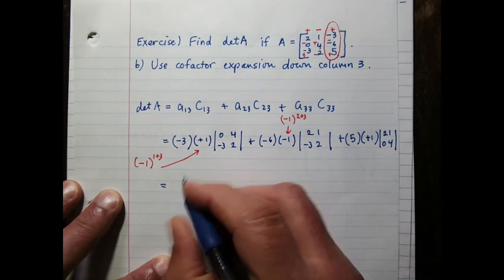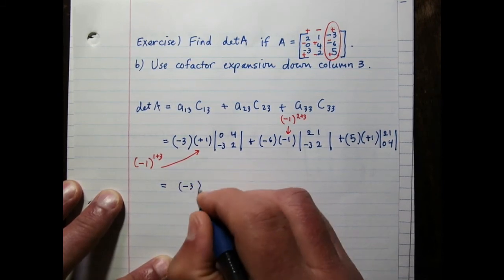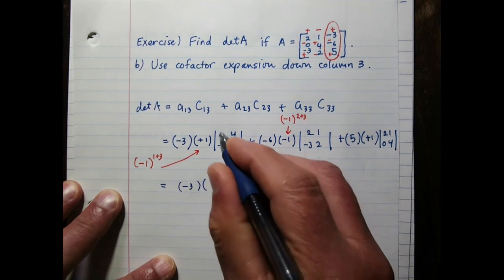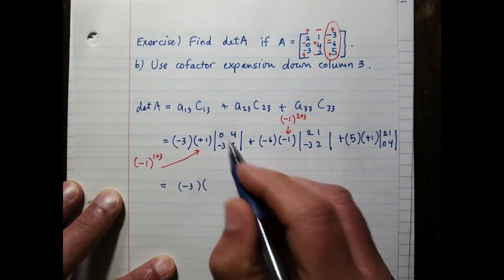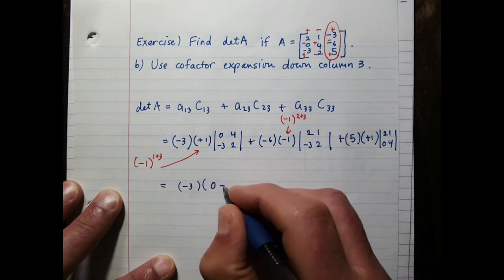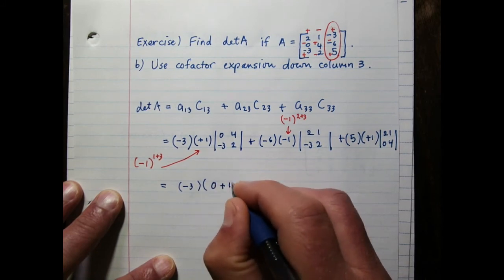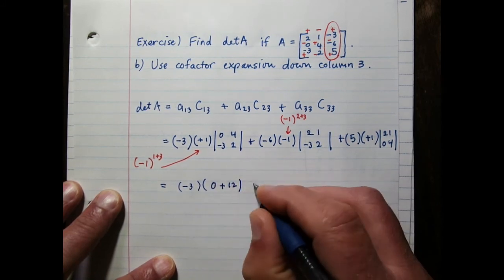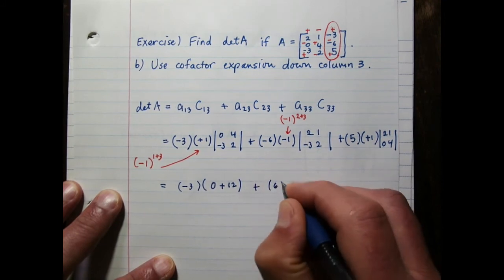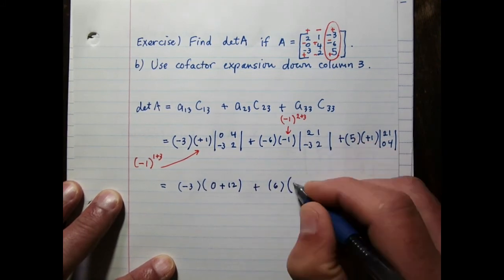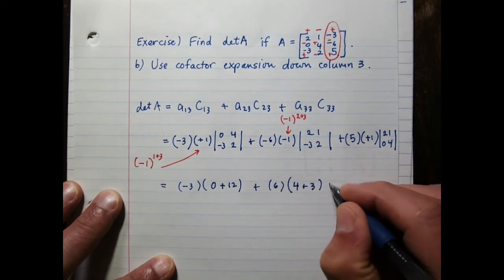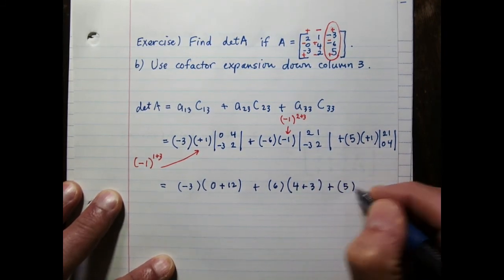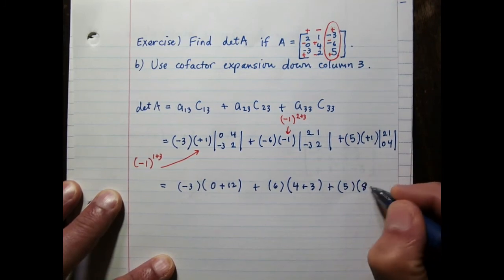So negative 3 times 1 is negative 3 times, now I compute the 2 by 2 determinants using our formula. 0 minus a negative 12 will be plus 12. I'll have plus 6 times 4 plus 3, plus 5 times 8 minus 0.